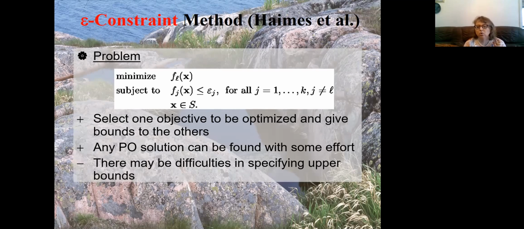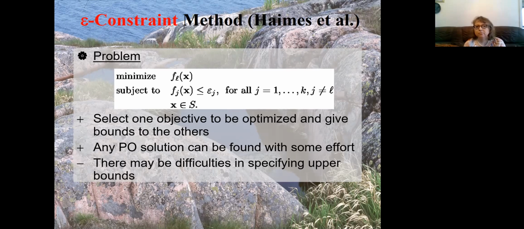So we can find any Pareto optimal solution by just adjusting these bounds in an appropriate way. But it is not always easy to provide these values in a meaningful way, and some attention will be needed to get a good representation. But this method is in principle a better choice than the weighting method if we have a non-convex problem.